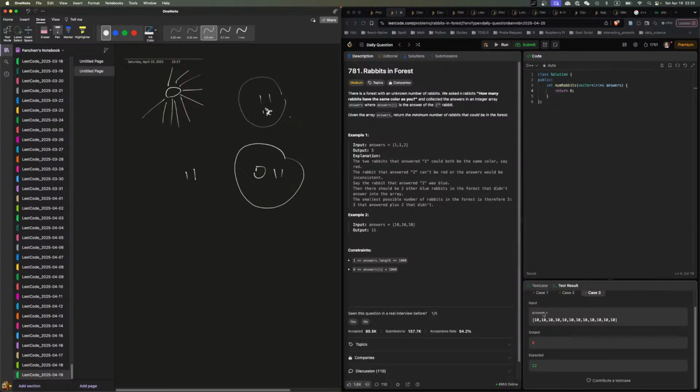The ones saying the same should be grouped together. So we sort this, okay? So we have like A, B, B, B, C, C, C, whatever, right? So if the number of repeats is smaller or equal to A plus 1, then that's the minimum for this.